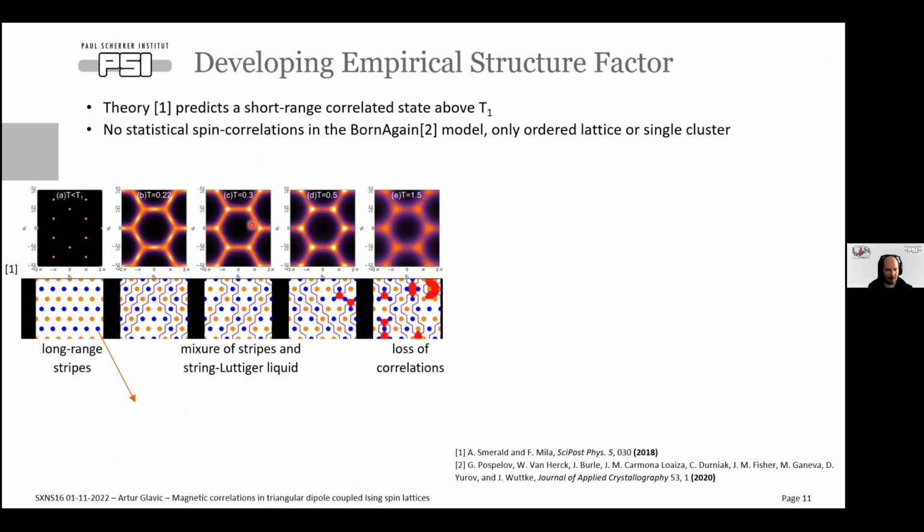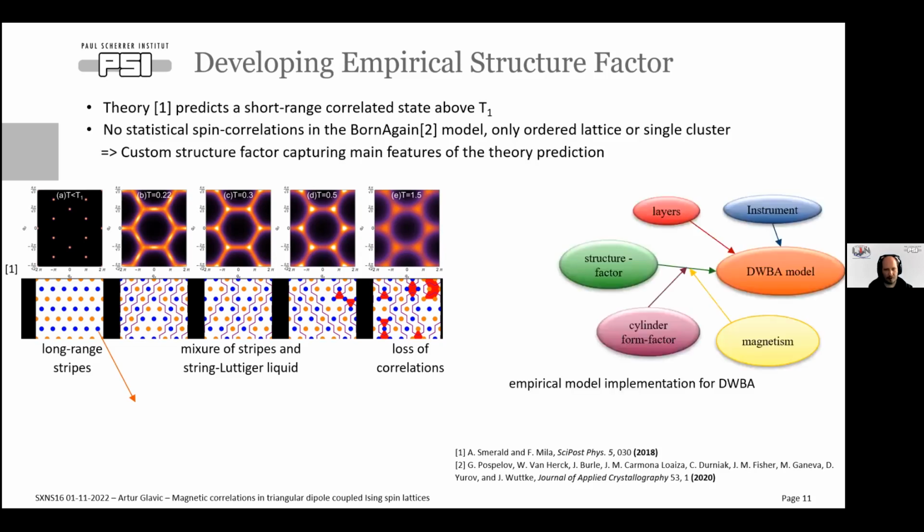But at higher temperature, these are statistical averages of all those spin orientations, and there's no analytic formula to describe those directly. But we also cannot add this one-to-one into BornAgain, because we want to fit our data to it.